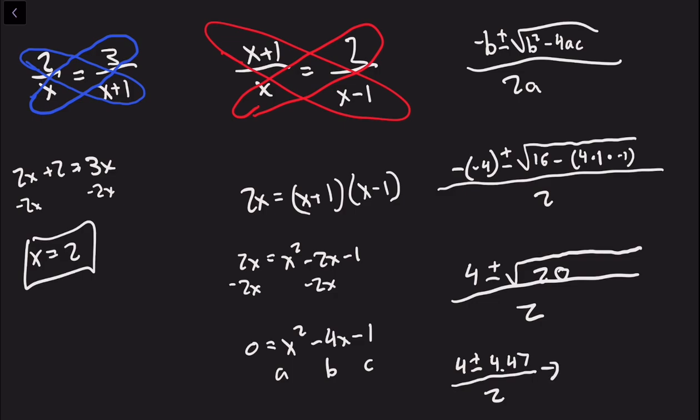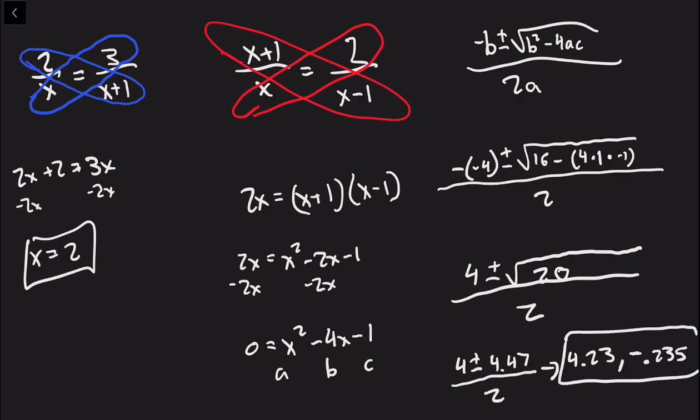We're going to do 4 plus 4.47 and then divide it by 2, which gives us 4.23. Or we're going to do 4 minus 4.47 and then divide that number by 2, and that gives us -0.235.